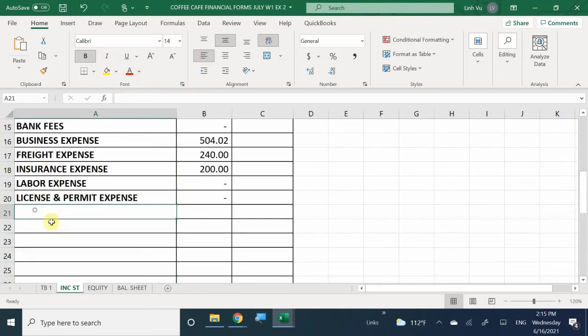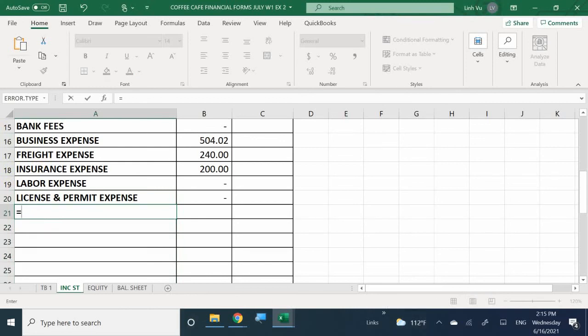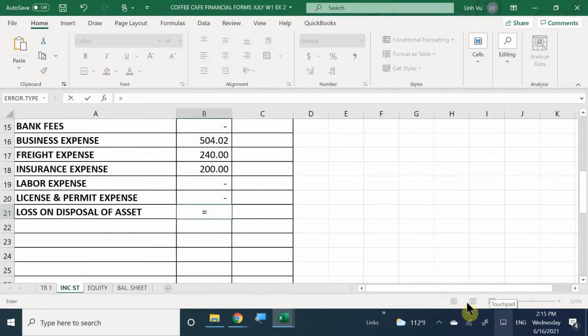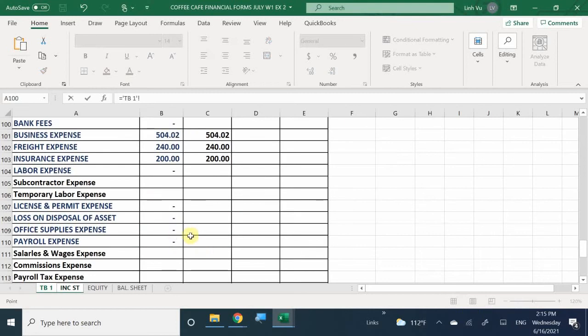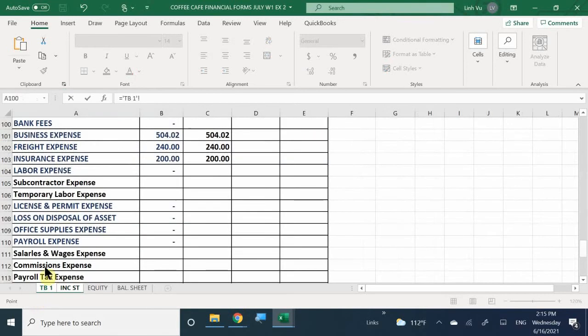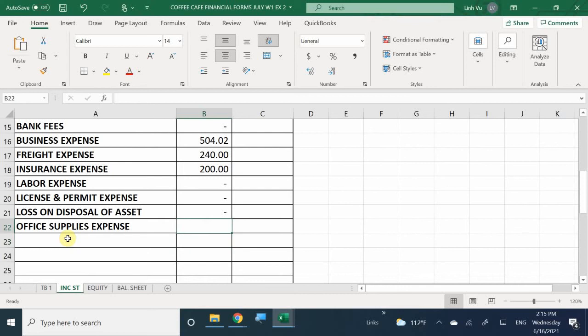What's after that? Loss of disposal asset, for how much? 0. What's after that? Office supplies. Office supplies is 0. I'll just be consistent.